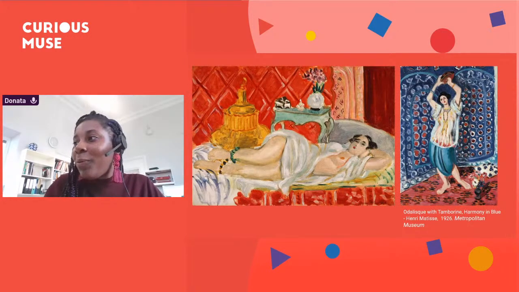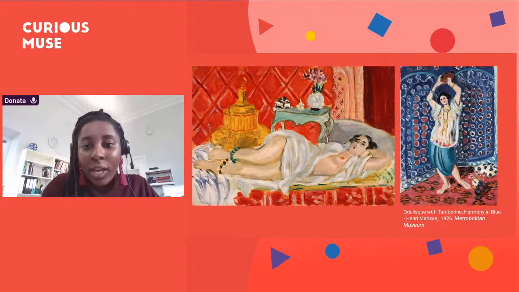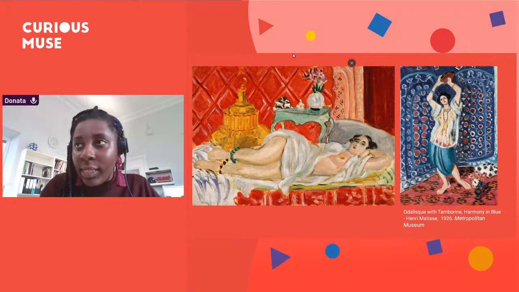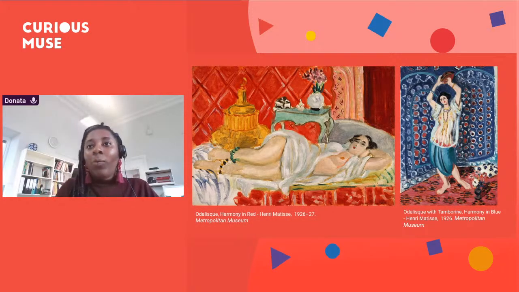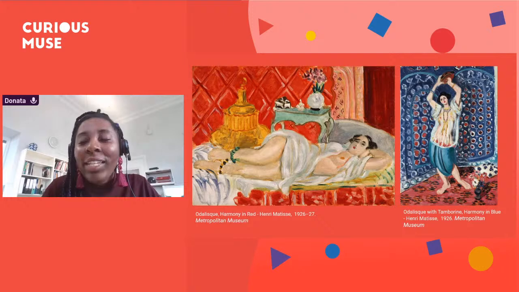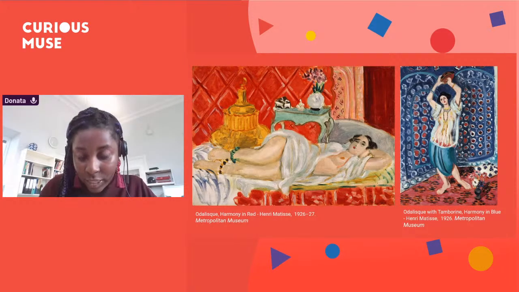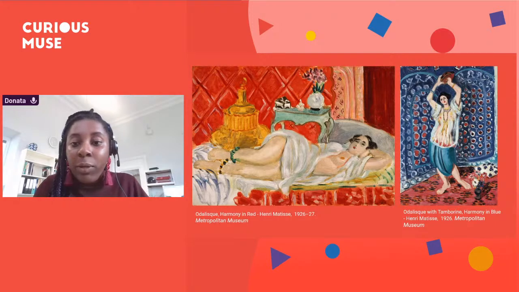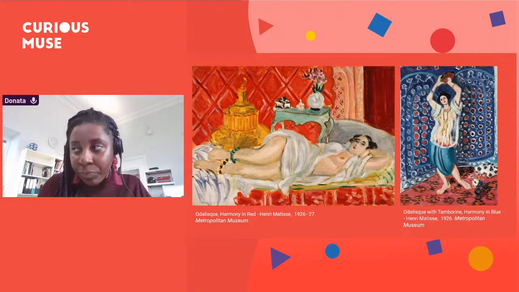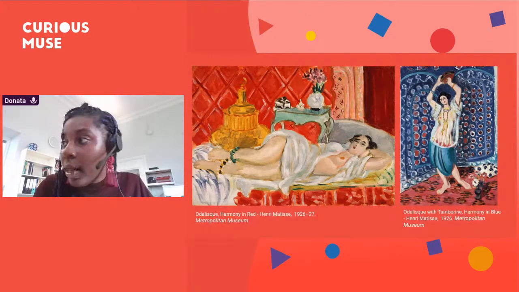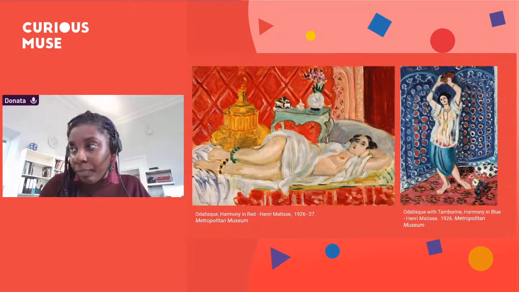So we have this work also, odalisque. There are two odalisques here. One is Odalisque, Harmony in Red by Henri Matisse, from 1926 to 27, and then we also have Odalisque with Tambourine, Harmony in Blue by Matisse, from 1926.